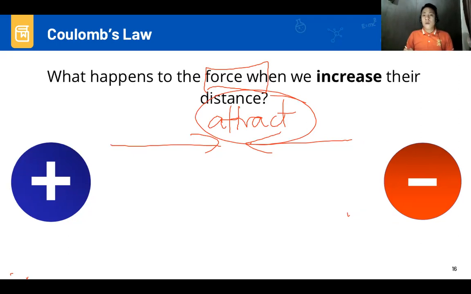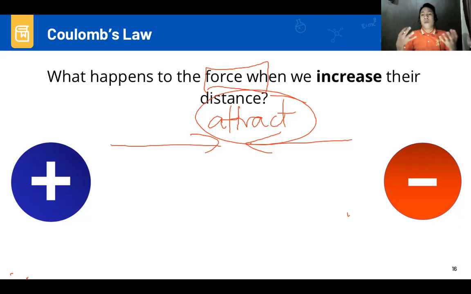What happens to the force when we increase their distance? It's still unlike, but the distance is getting larger or longer. Okay? So still we can find the force. So either malapit yung dalawang particles or malapit yung dalawang bagay, with positive and negative charges, we can also solve for the force.